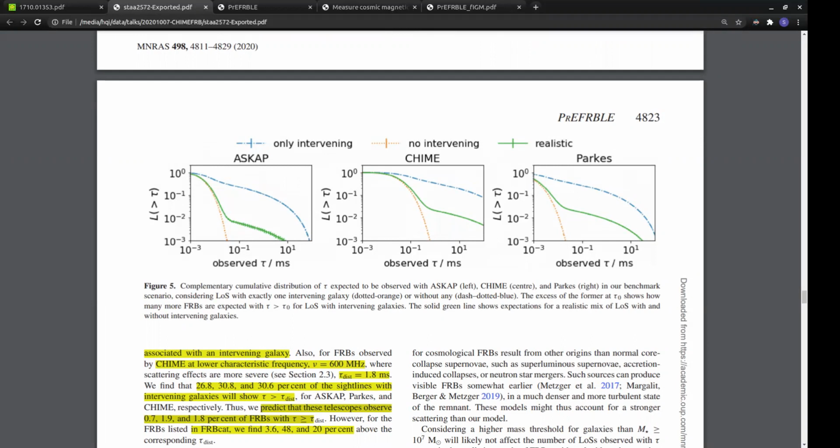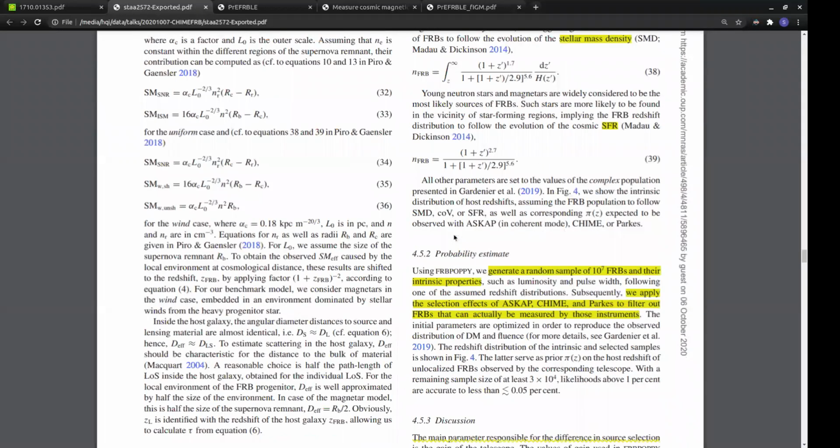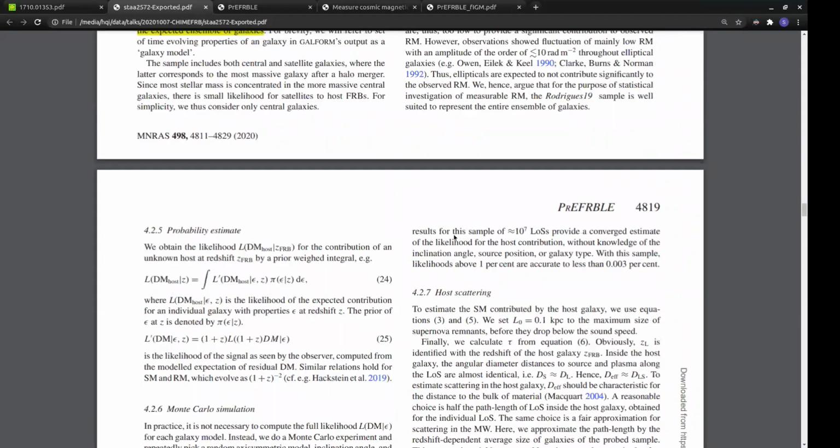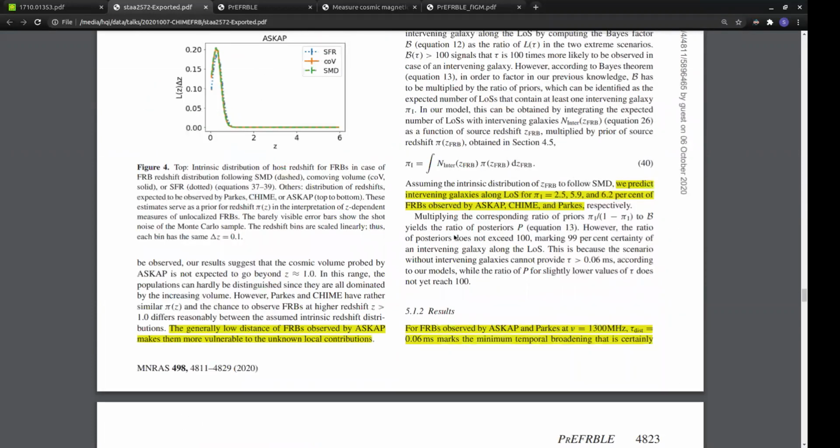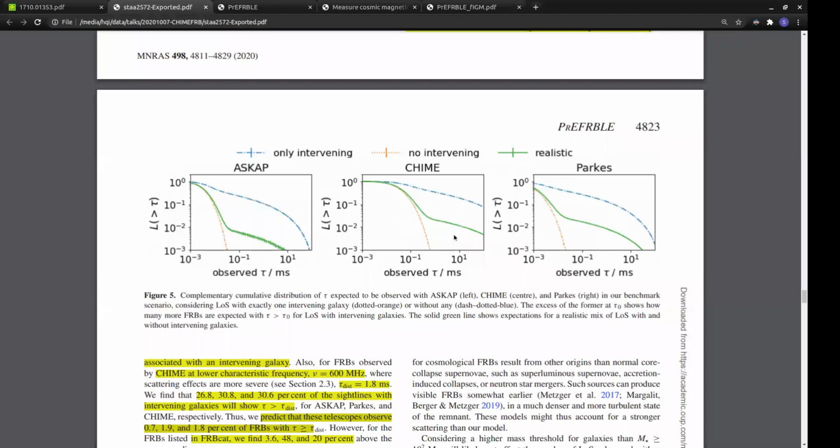So basically they're models for how much scattering there is given some location in the galaxy, I guess. But do you have any feeling for how well that model could describe, for example, our own Milky Way, where we know much more about the scattering properties?